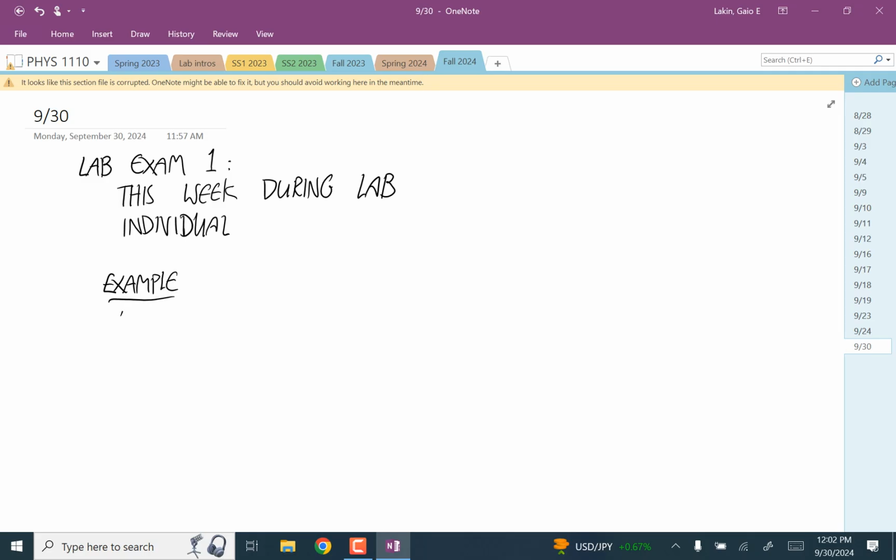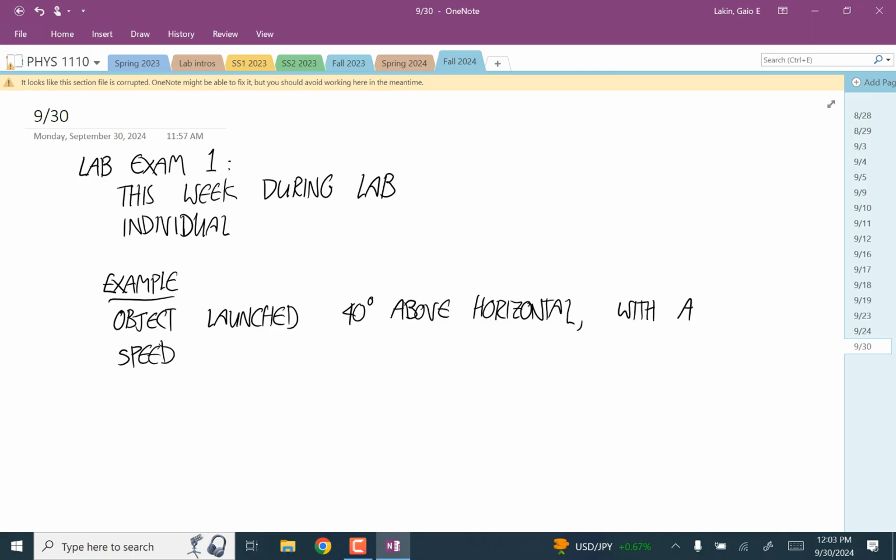Okay, so the first example. Let's say that an object is launched 40 degrees above the horizontal with a speed of 10 meters per second from a height of 1 meter.